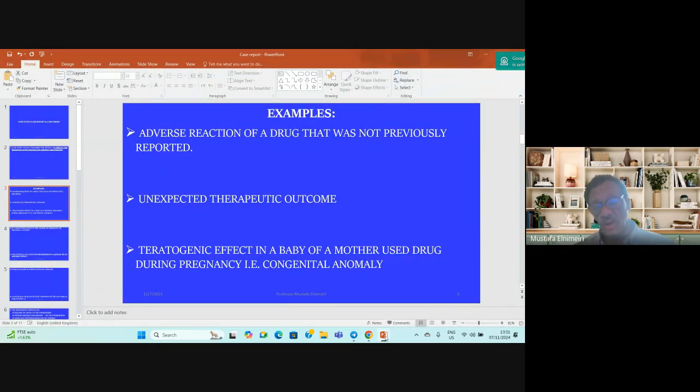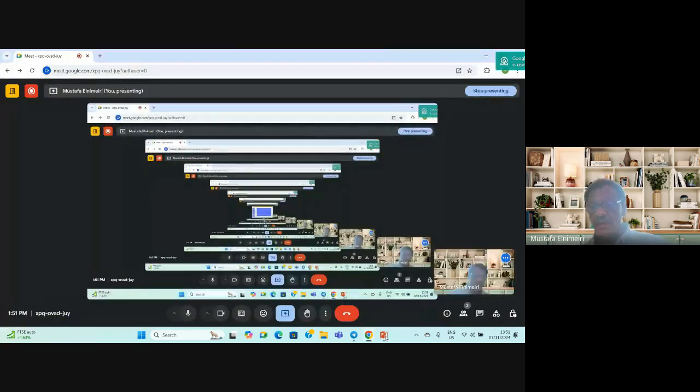And then also, a subject for the case report could be teratogenic effect on a baby due to medication that has been used by the mother during embryogenesis, during pregnancy.